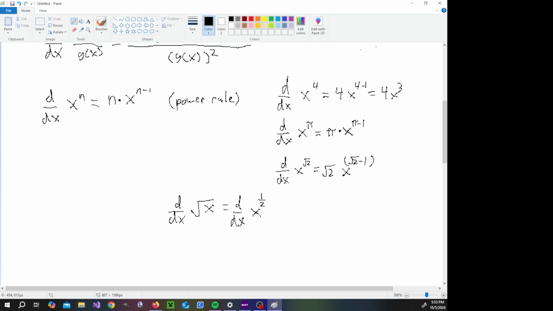So it turns out the square root is x to the 1/2 power. Well, now do the power rule on this. So the 1/2 comes out front. We have 1/2 minus 1 in the exponent, and we can simplify that. 1/2 minus 1 is negative 1/2.